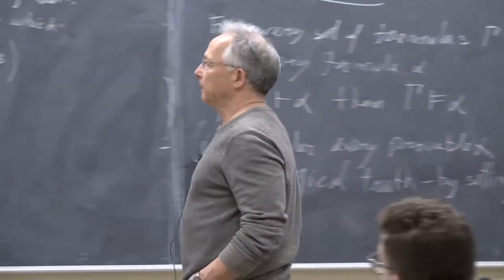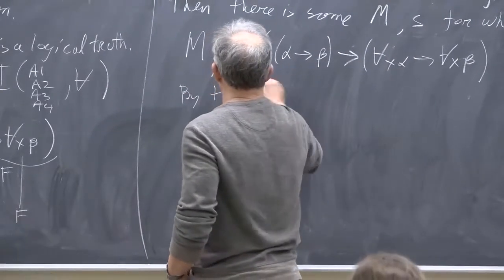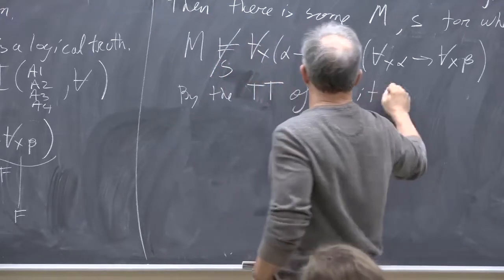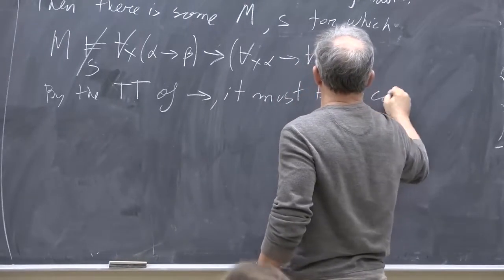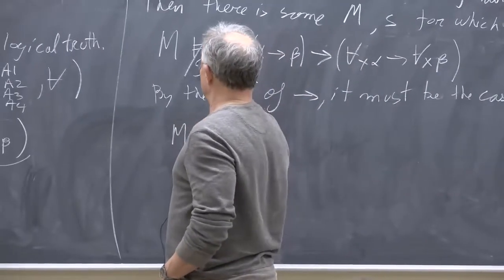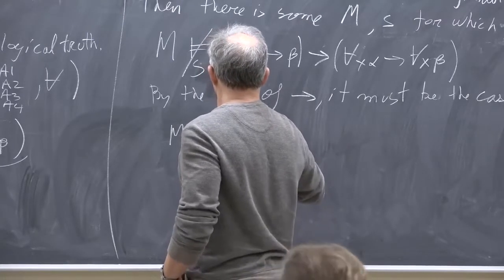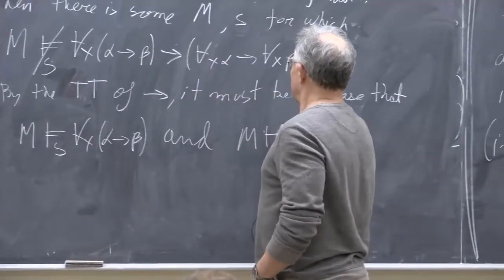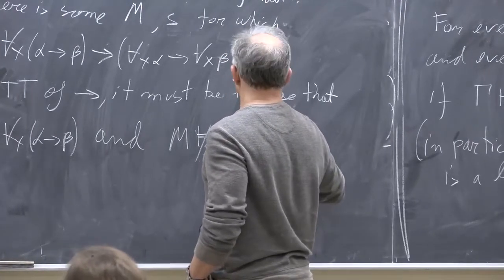Now, by the truth table of the arrow, it must be the case that this M under S satisfies for all X alpha, arrows, beta, and this M under the same S does not satisfy for all X alpha, arrows for all X beta.